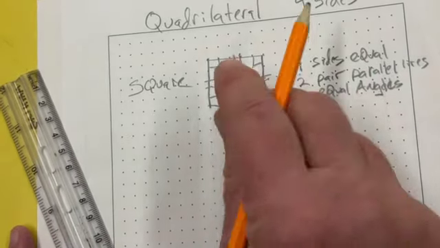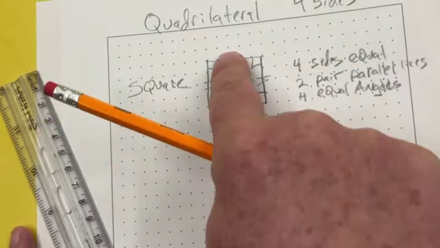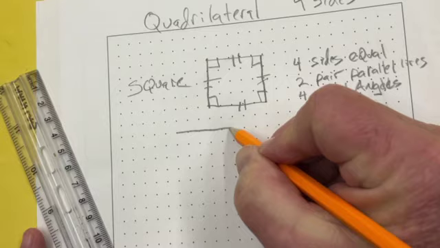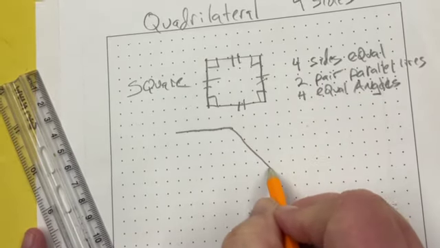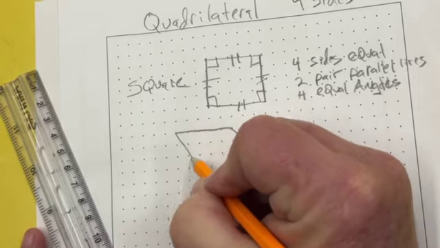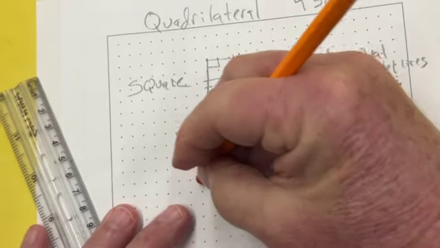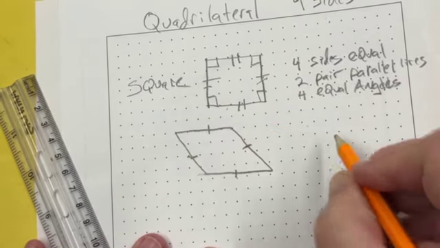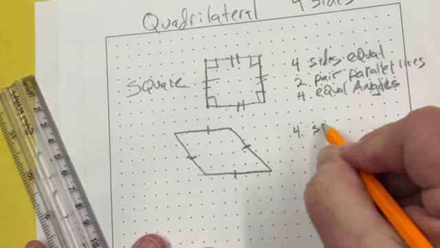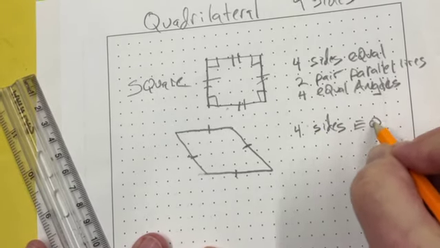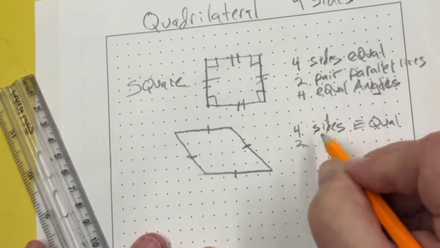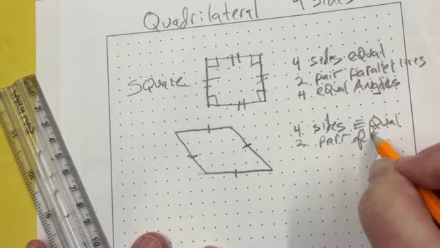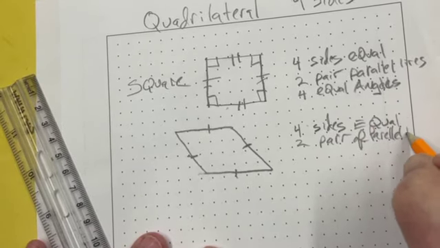Now, if you take this square and just push it, and you make it so that it has the same lengths. So these are all the same. And again, my drawing's not perfect. So here we go. These sides are all the same. So we have four sides equal. And we have two pair of parallel lines.